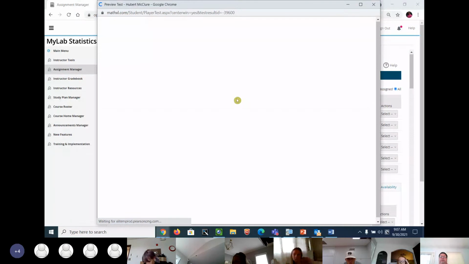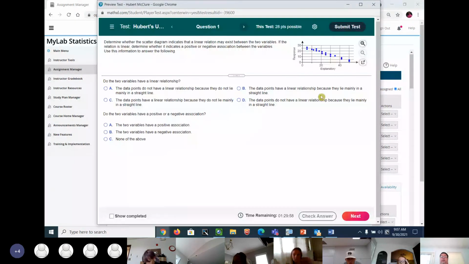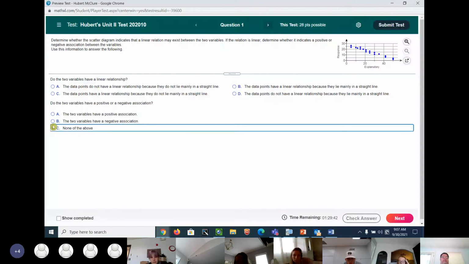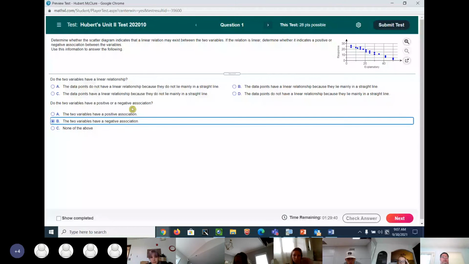Just to give you a taste of what it looks like, there's your scatter plot. I told y'all that scatter plot would be on there, and it tells you that is a negative correlation. It's not very strong, but it's a negative correlation. So the two have a negative association. Do the two variables have a linear relationship?